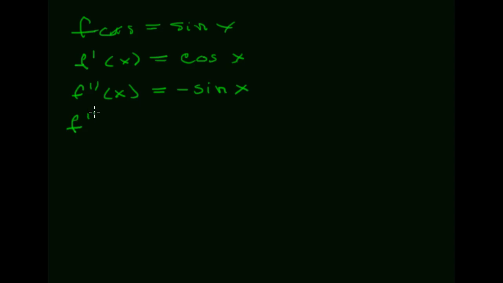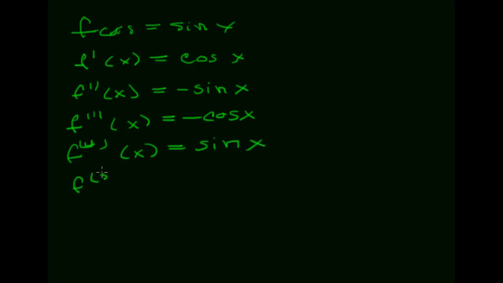The third derivative is the negative cosine. The fourth derivative takes me back to the sine, and then we start going around this loop again, right? So this just keeps going on and on and on.